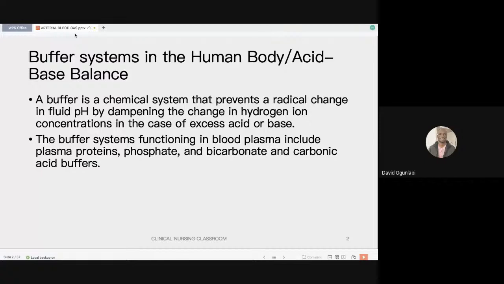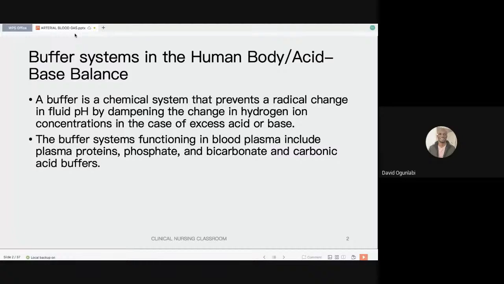Because if there is acidosis, it can cause a lot of harm or danger to the body. Then if there is also alkalosis, there will also be danger or harm to the body. So that is why this maintenance of balance is very important. We'll be talking about all this shortly.